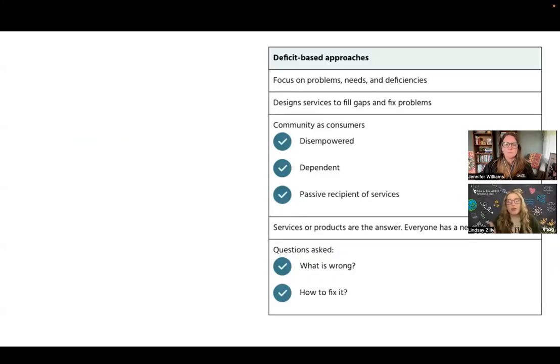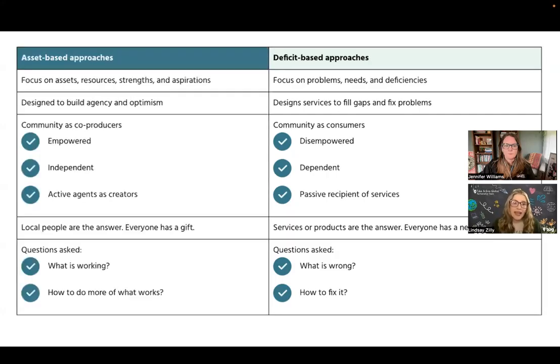So typically, when we look at climate action education, it comes from this deficit-based approach. We're focusing on problems, needs, deficiencies, and we're looking in a light where the community is a consumer. They don't feel empowered, they feel dependent, they're more passive. And so instead of taking this approach to solving real-world problems, what we have done is adopted an asset-based community development approach.